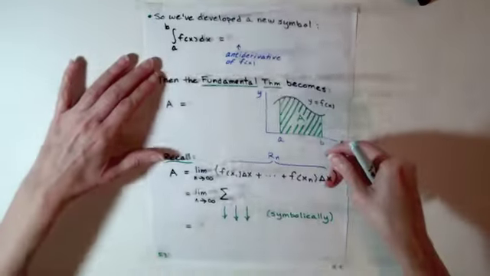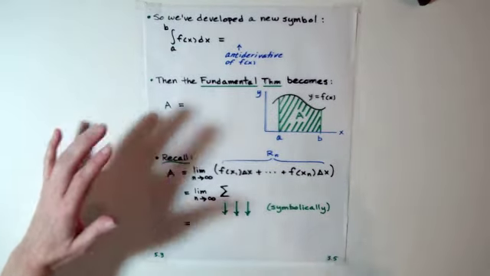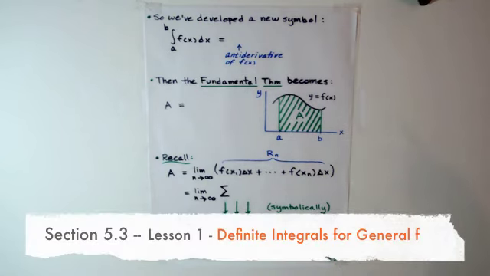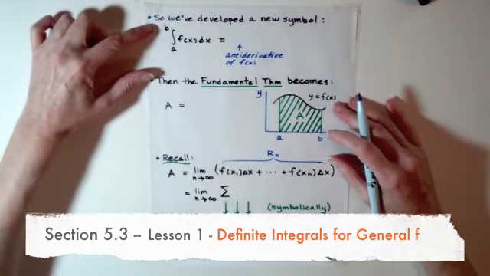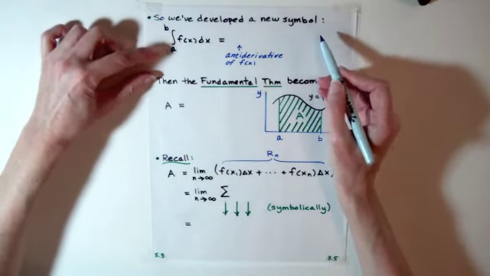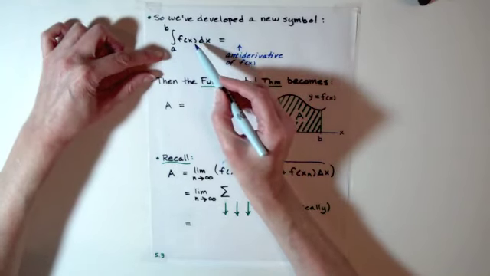So on the next page, I just want to go over what we just did, but in a more general setting. We set up the whole definite integral from 0 to 8 of x to the 1/2 dx. Let's talk about that new symbol that we've created, the symbol for the definite integral, in more general terms. So for a general function, little f of x, we would write it this way.